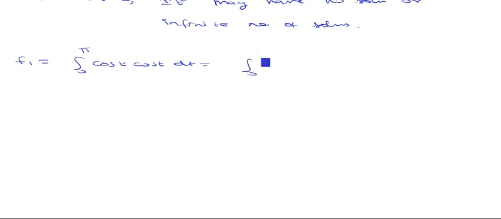So this is equal to the integral 0 to pi of cos square t dt. Again we can use the formula 1 plus cos 2t by 2, which we have already evaluated. So this is equal to pi by 2.